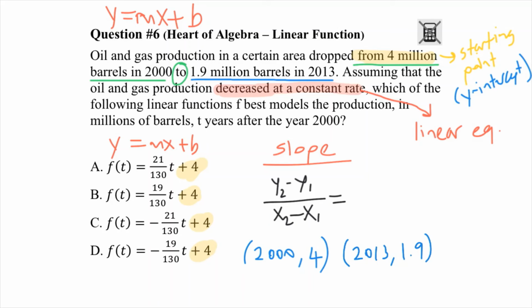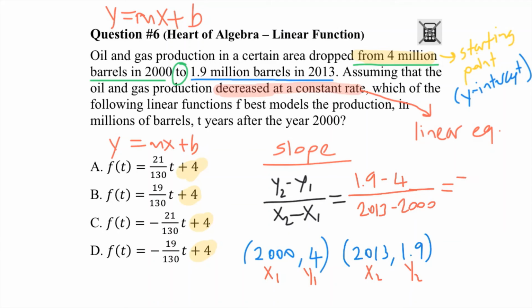And then I can use the formula. What is the formula? y2 minus y1 all over x2 minus x1. So which one is x1 and y1? Let's start with the first one. Let's say this is x1, y1, and this is x2, y2. And then 1.9 minus y1, which is 4, all over x2, which is 2013, minus 2000.